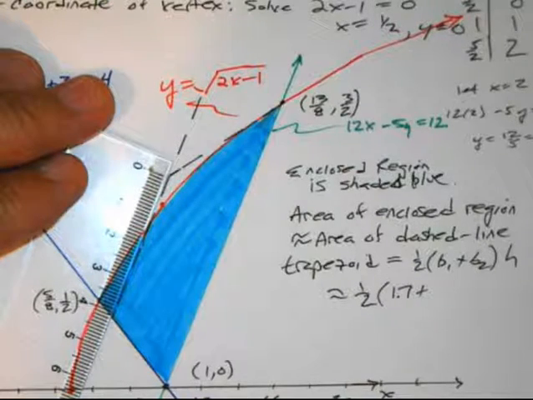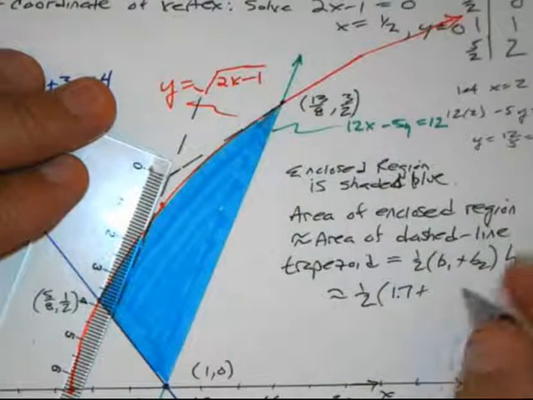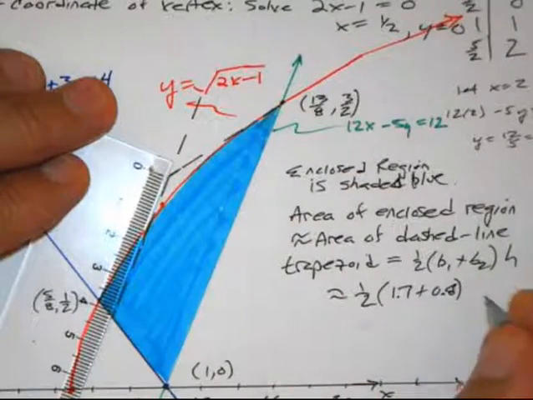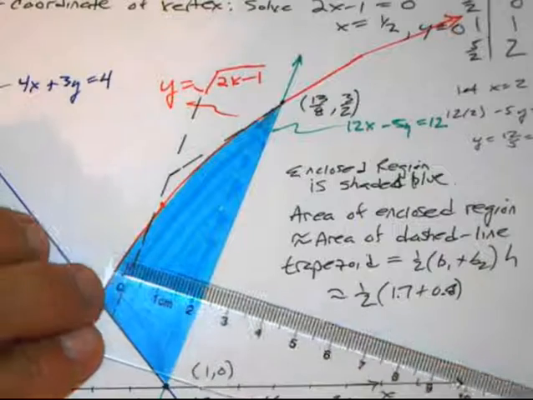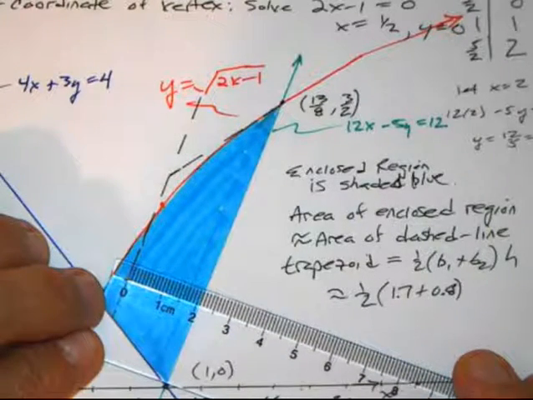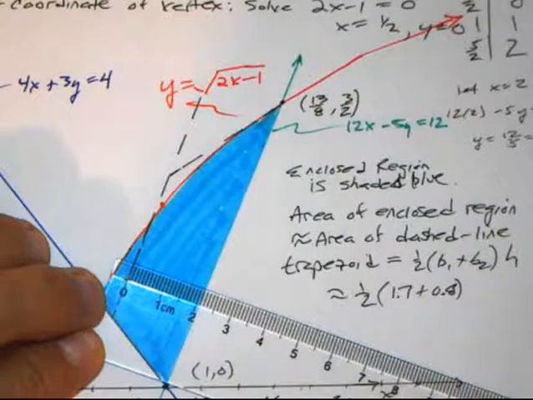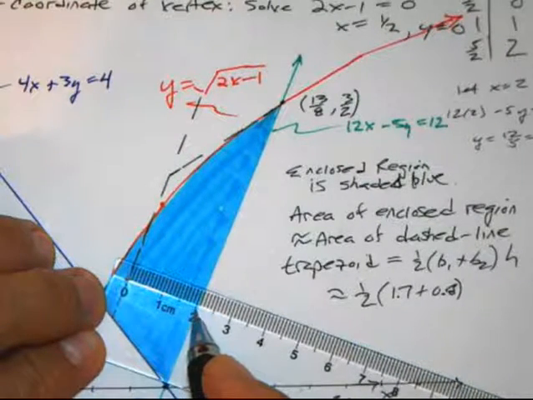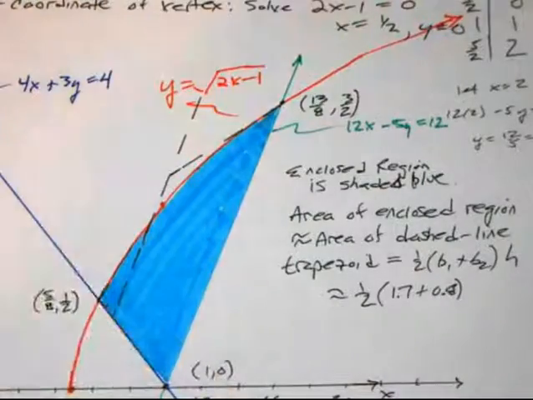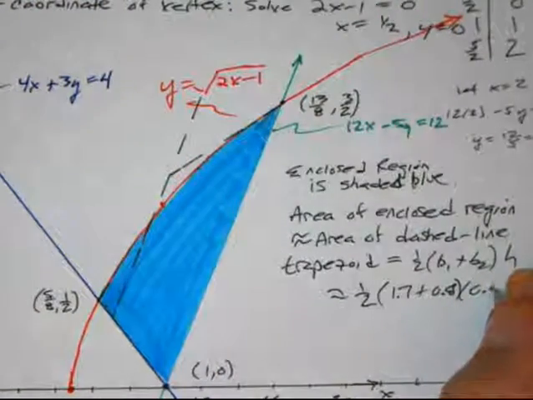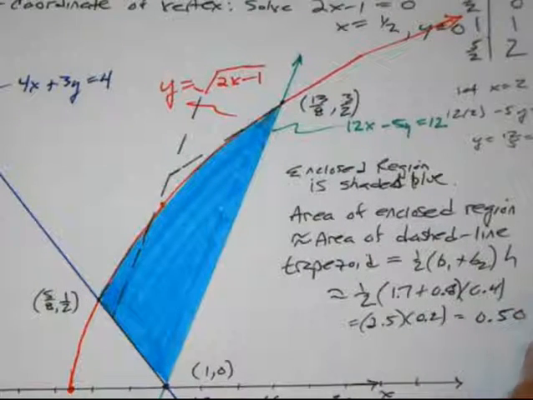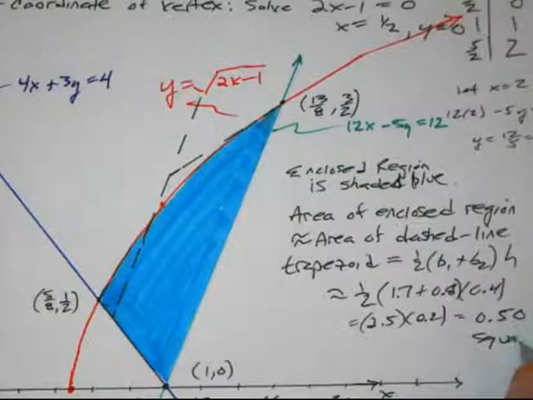Okay, it looks real close to 4 centimeters, which would be 0.8. The height or altitude of this looks pretty close to 2 centimeters here, so that's 0.2, 0.4. I'll just call it 0.4. So about 0.50 square units.